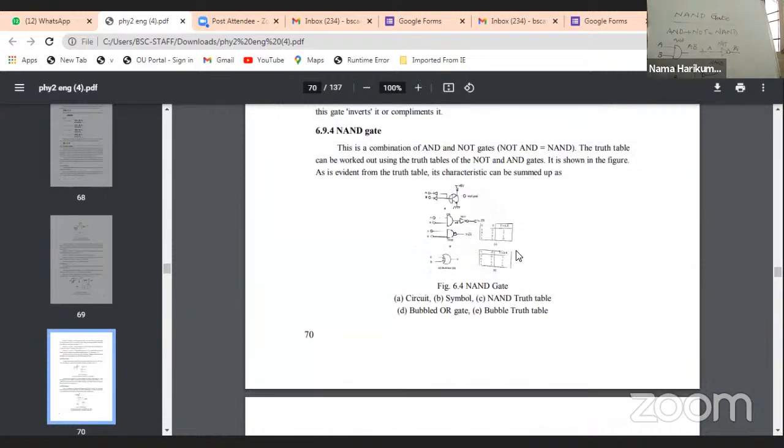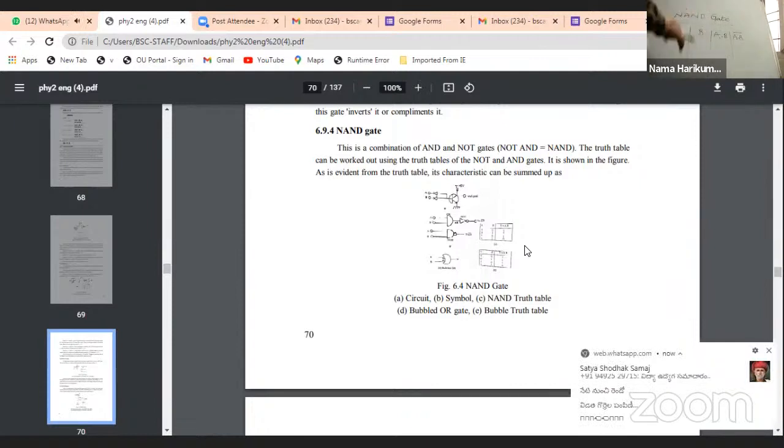So the truth table has columns A and B, A dot B for the AND gate, and the complement, A dot B bar. How can we write the A dot B complement?